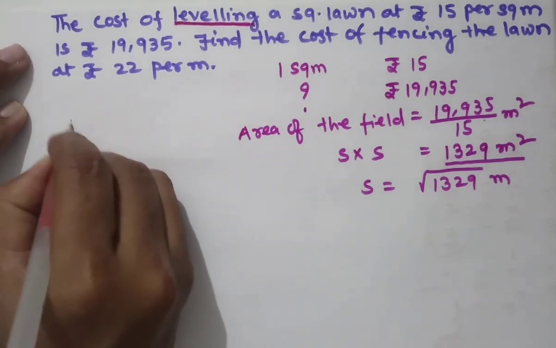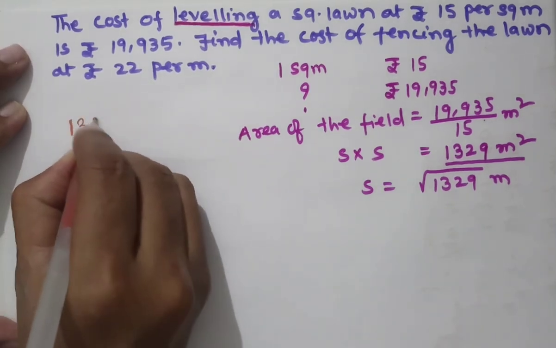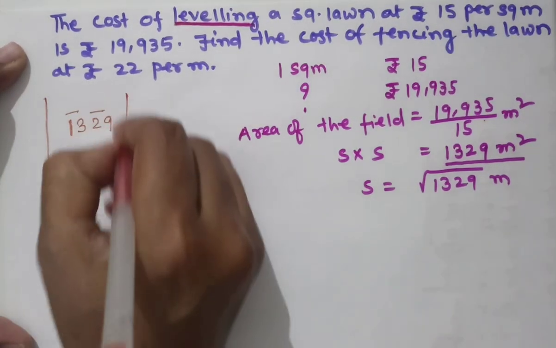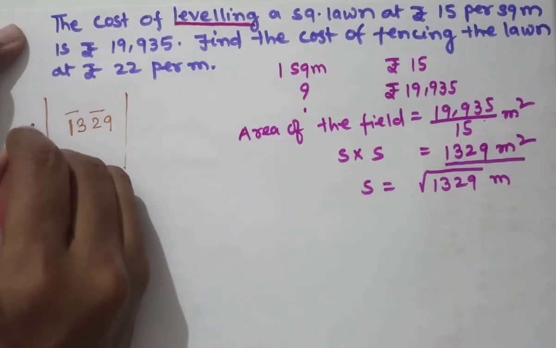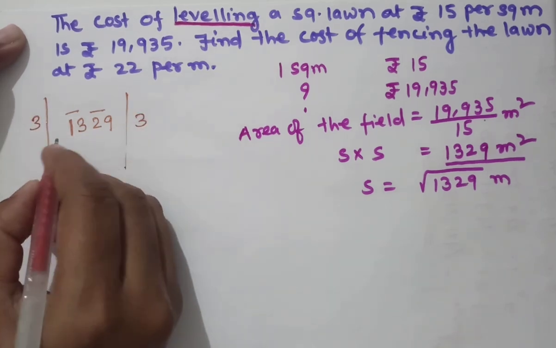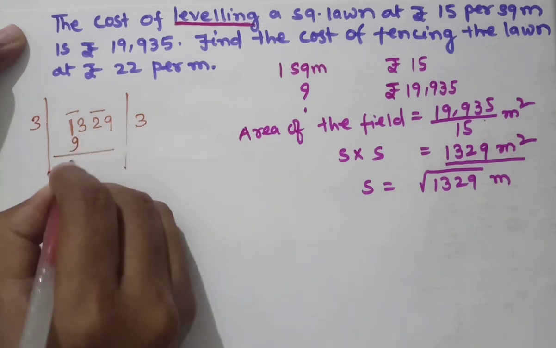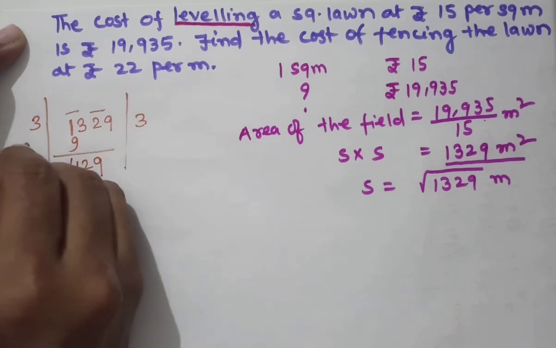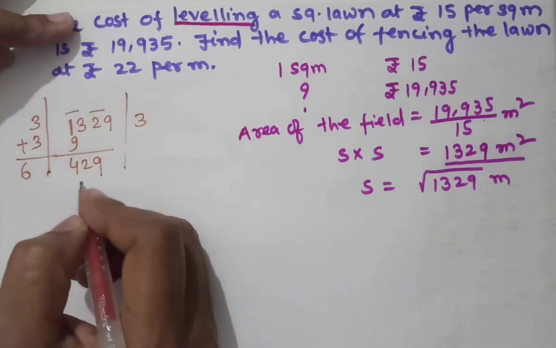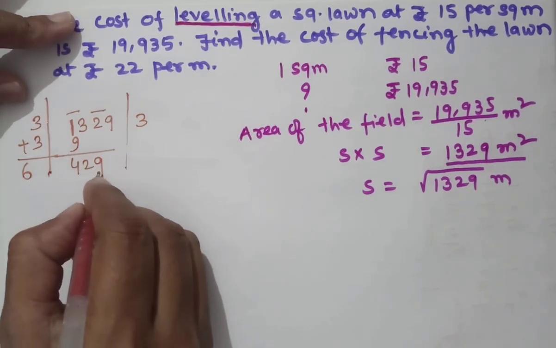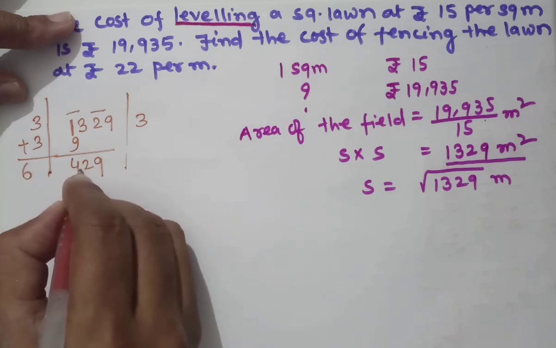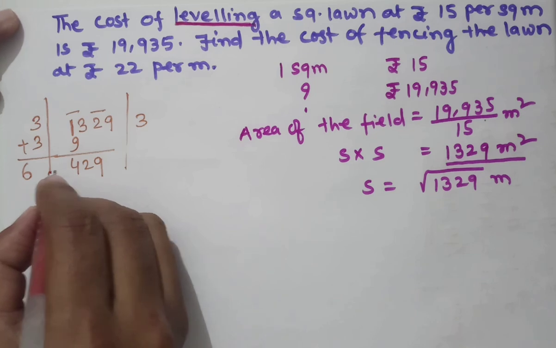So look here, 1329. Let us quickly do the division process to find the square root. 3 3s are 9. We'll get 4, bring down 29, plus 3, having 6 here. Now look here, 6 7s are 42, 7 will be larger because there will be a carry also, so it won't suit.